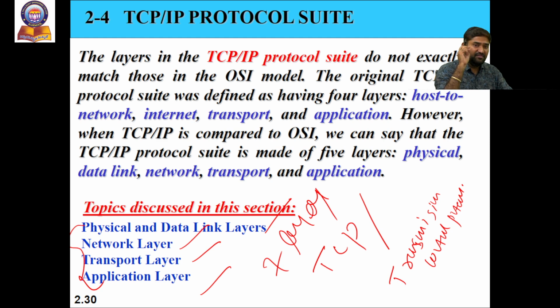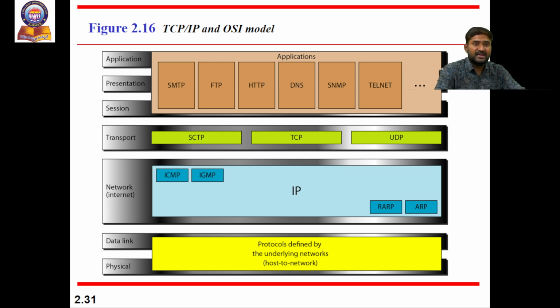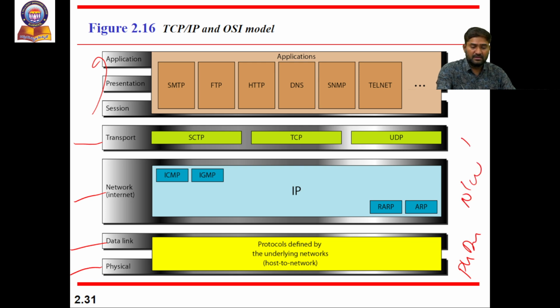When we compare with the OSI model, we have 5 layers: physical layer, data link layer, network layer, transport layer, and application layer, where the presentation layer and session layer belong to the application layer only.